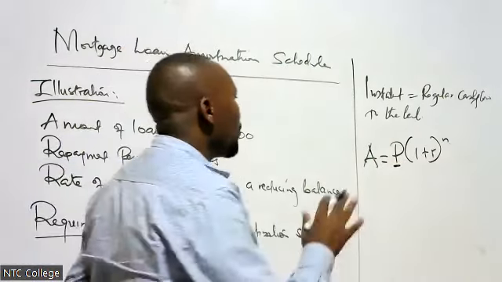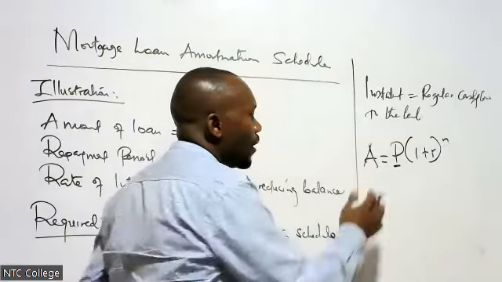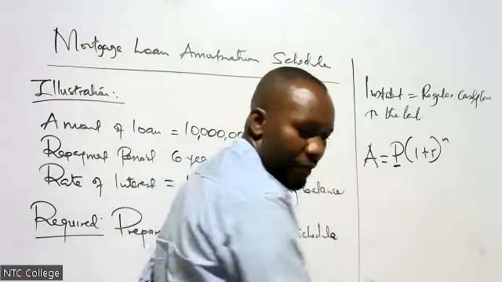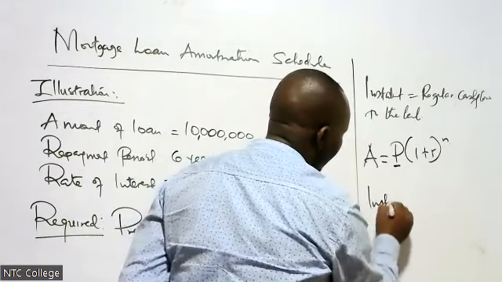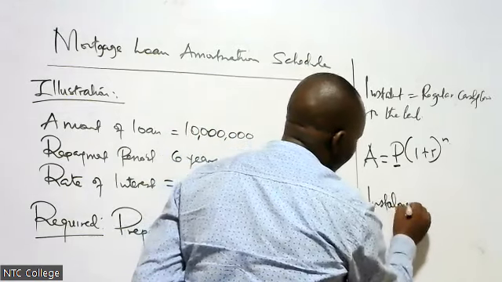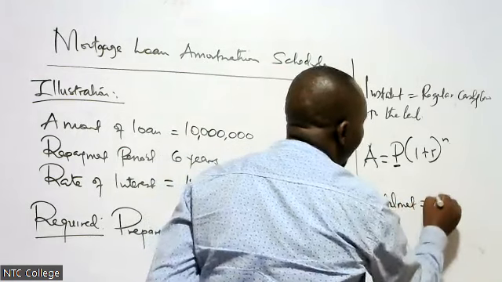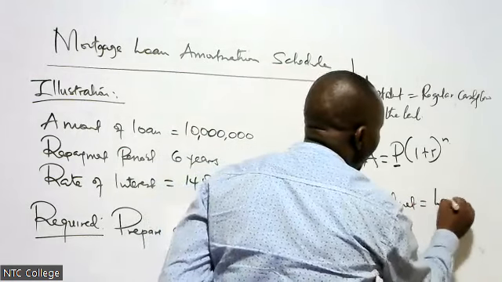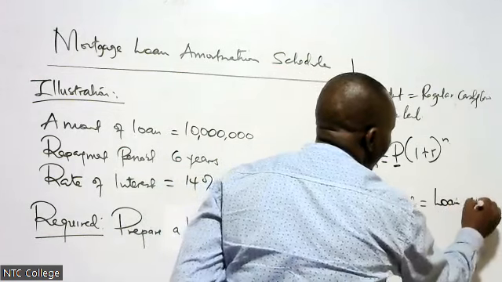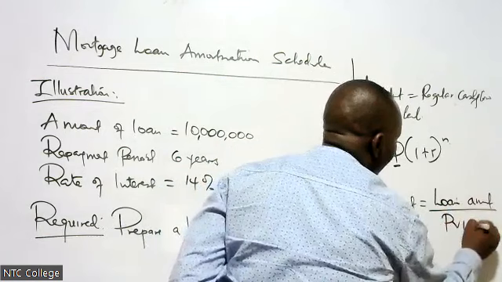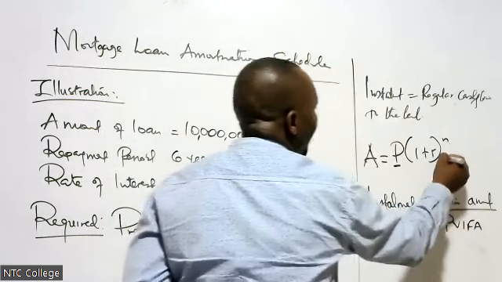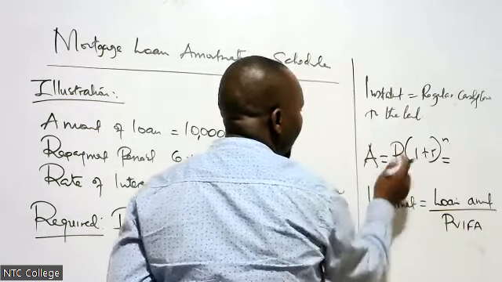So the amount that you're going to pay at the end of the year will be our installments, will be the amount which is loan amount or lump sum PV. You can make P the subject.